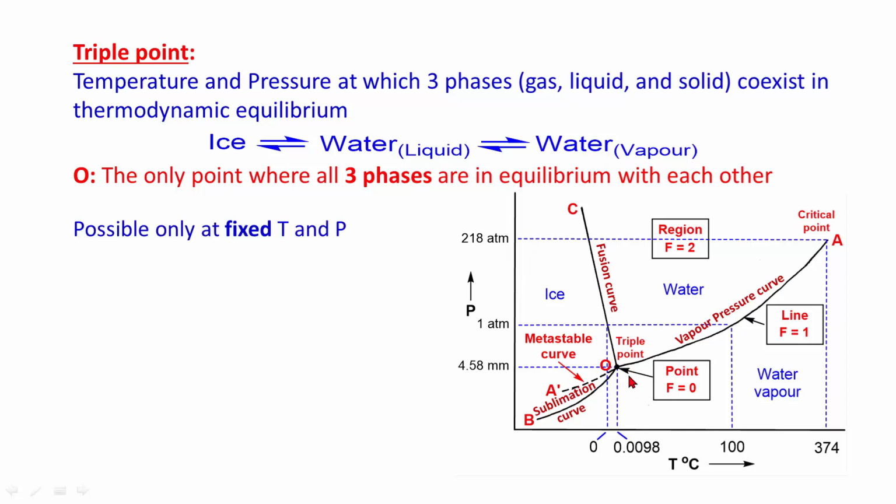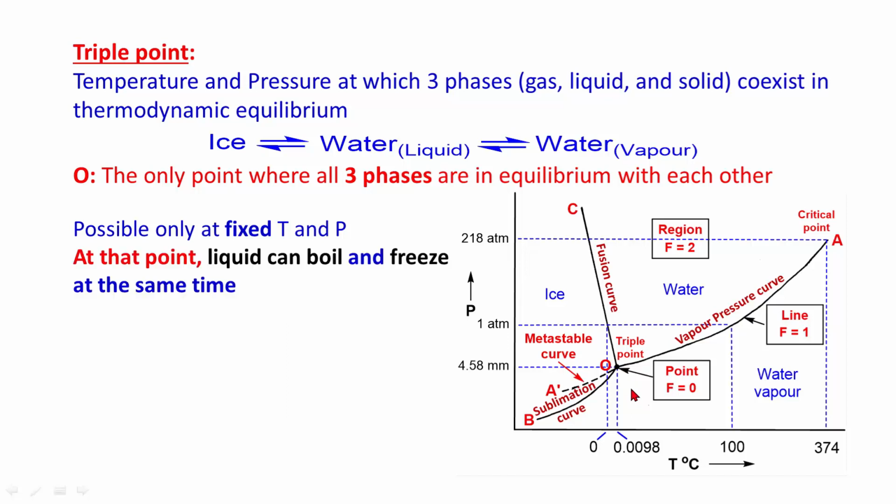It is possible only at fixed temperature and pressure for this system, and it cannot be altered. At this point, liquid can boil and freeze at the same time.